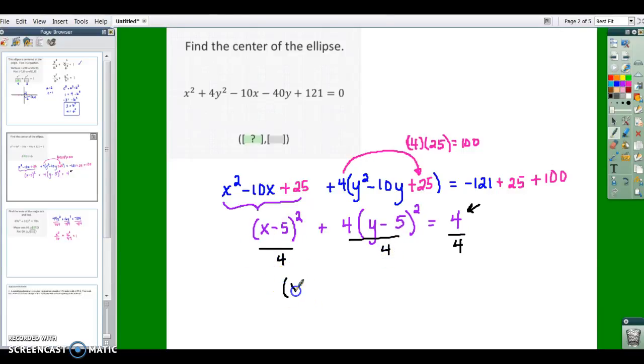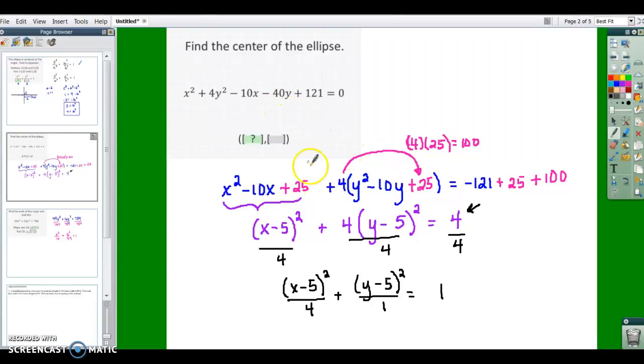So I end up with x minus 5 squared over 4 plus y minus 5 squared over 1 is equal to 1. And that might make it easier if you keep that y part over the 1 so you can see what your a and your b is, your a squared and your b squared and all of that.